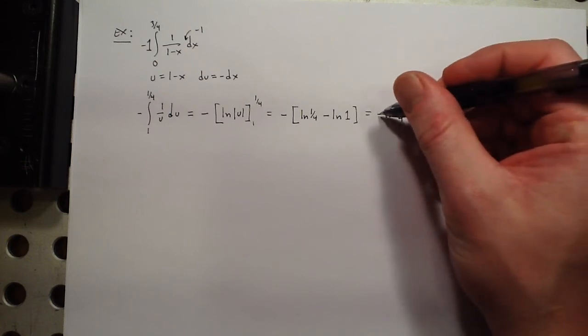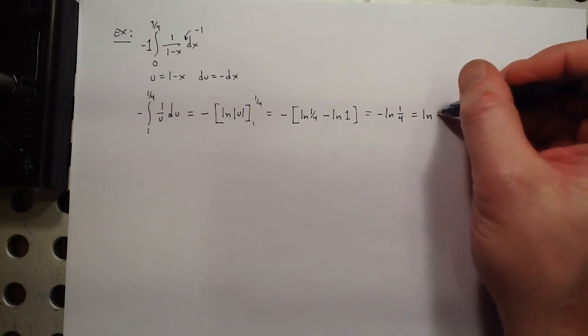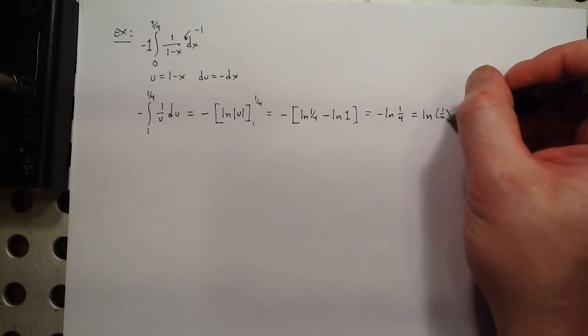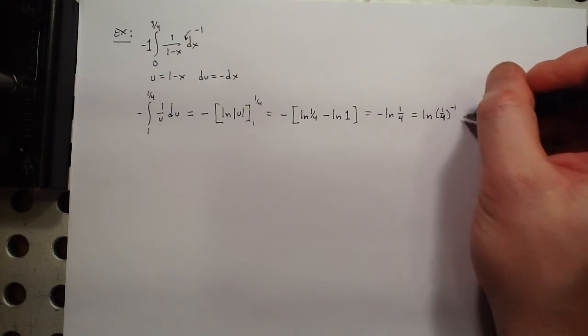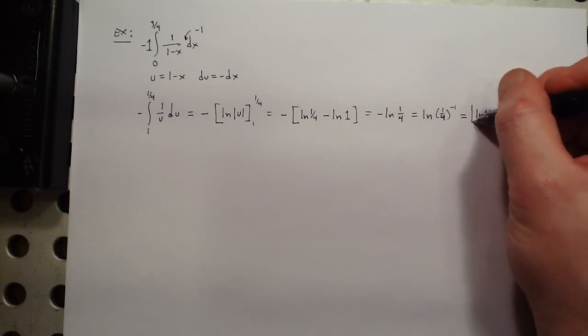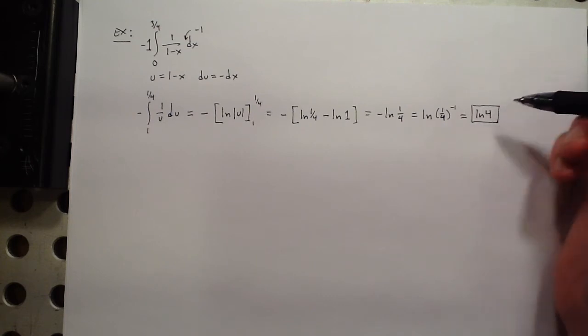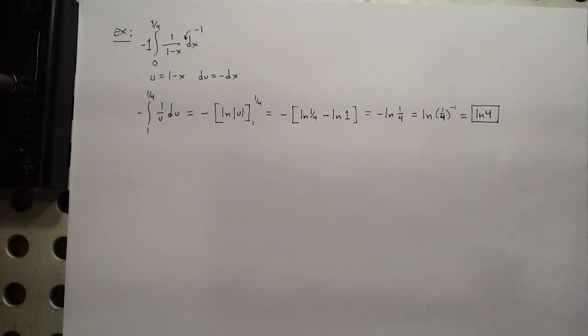Remember that per our logarithm rules, we can bring that in as an exponent. That's the same as the natural log of 1/4 to the -1, and 1/4 to the -1 is 4. That's, I think, arguably a better looking version of the answer than that is.